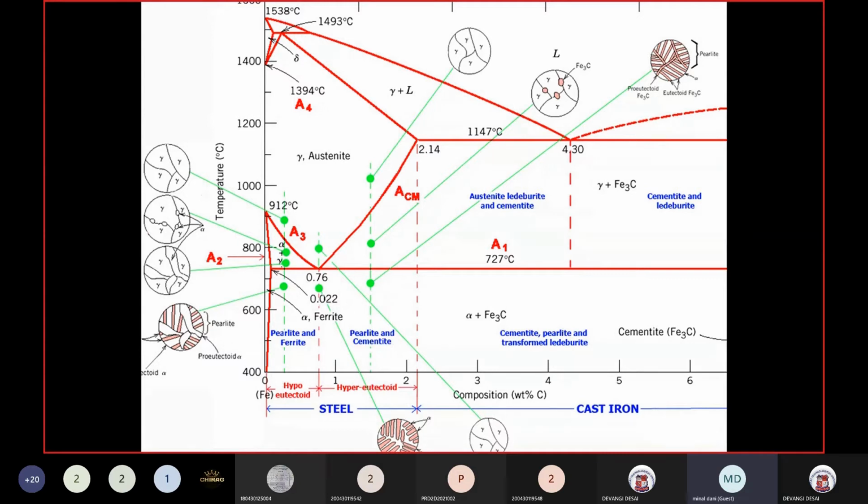And why am I adding 30 to 50 degrees Celsius more? Because if you heat at exactly that temperature, you will not get homogeneous austenite. So to develop or to enhance any property in the steel, first the formation of homogeneous austenite in your steel structure should be there.